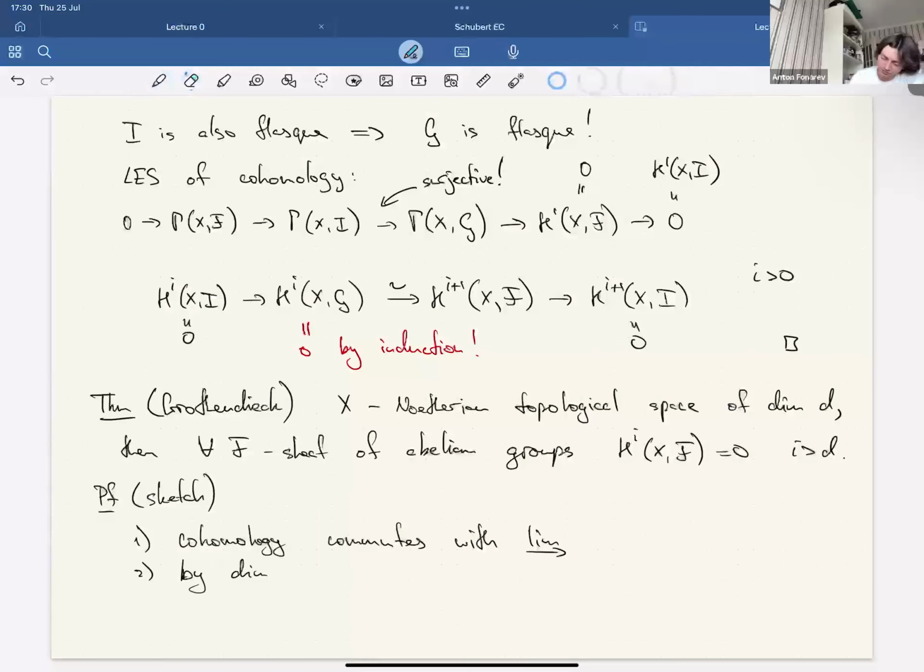Second, by dimension reasons, reduce to the case when X is irreducible.